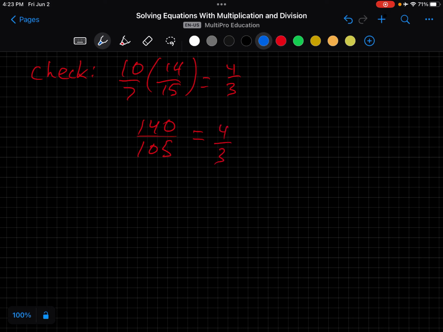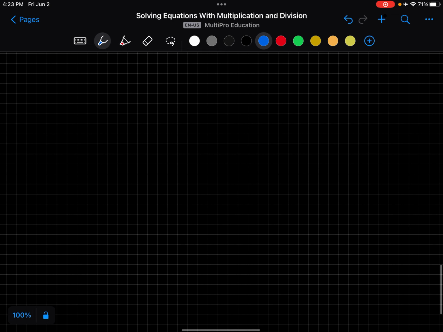This is equal to 4/3. So I know that I can divide 35 into this number and this number evenly. So if I divide 35 into 140, I get 4. If I divide 35 into 105, I get 3. That's equal to 4/3. Ta-da! Woohoo! Look at us go. Alright, let's look at another example here.